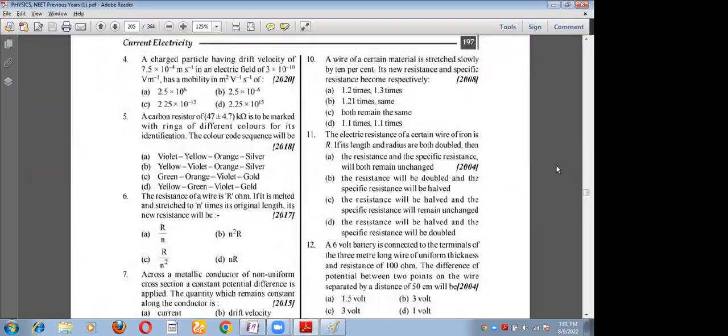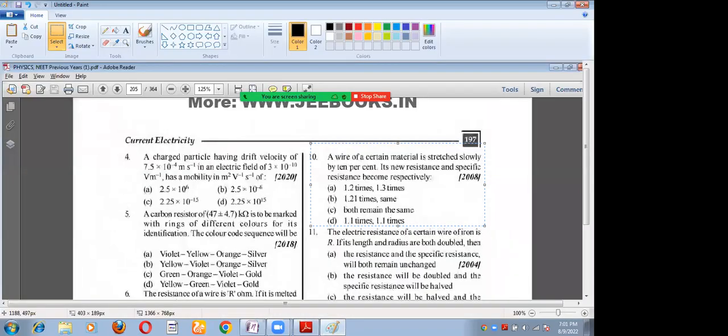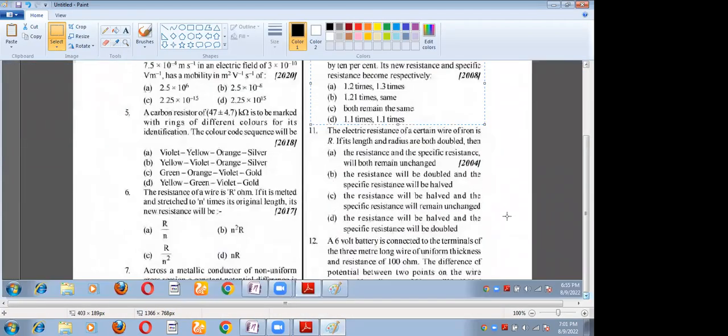See question number 11. Let us see question number 11.